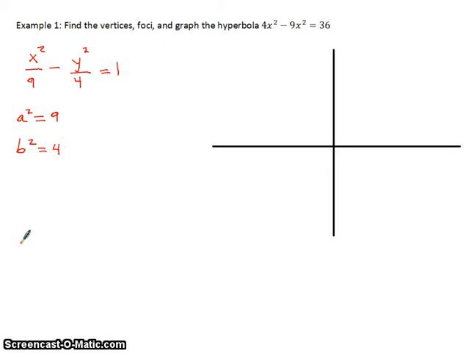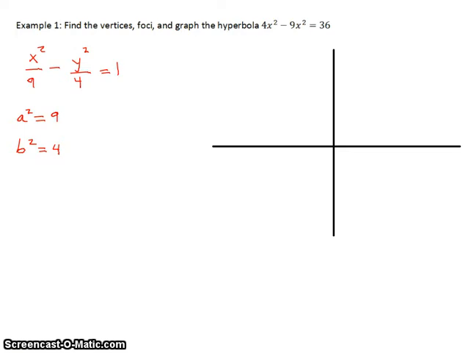I should mention that the a squared is not always the larger value like it was with the ellipses. The a squared will be associated with the positive fraction. Our transverse axis is along the x-axis. That means our vertices and foci are on the x-axis.